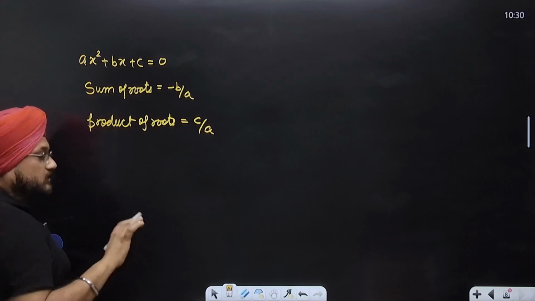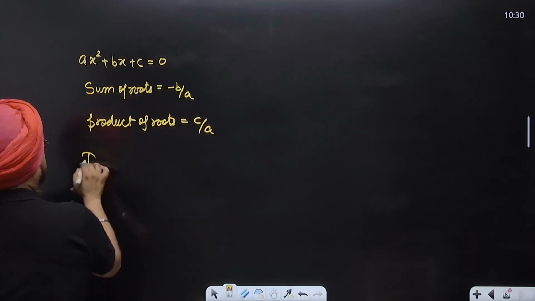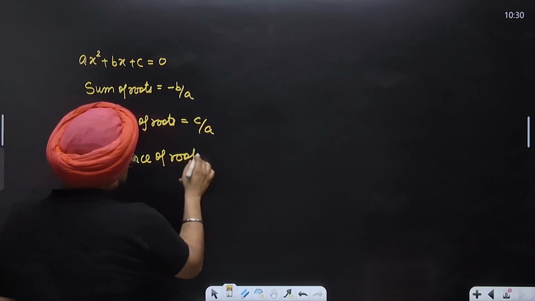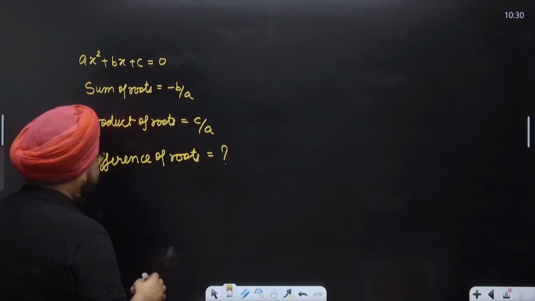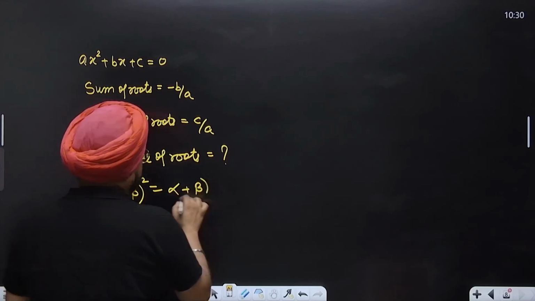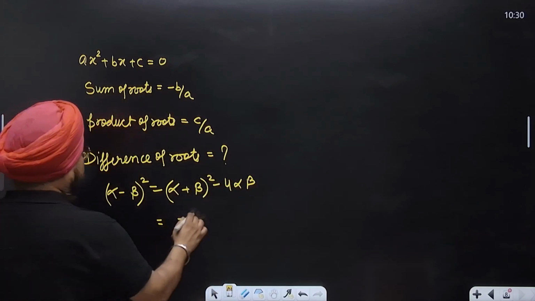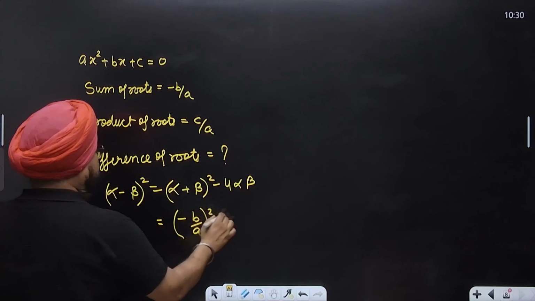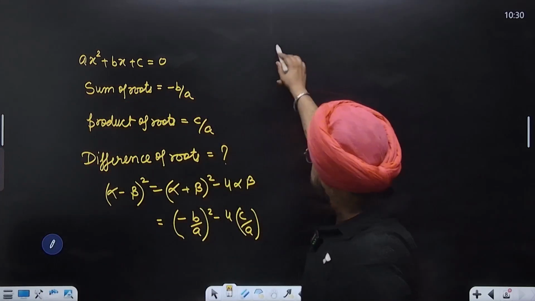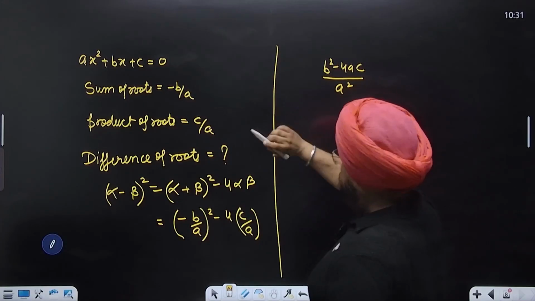And for the future calculations, we can also remember the difference of roots. Difference of roots, we will use the formula alpha minus beta whole square is equal to alpha plus beta whole square minus 4 alpha beta. Sum of roots is minus b by a, product of roots is c by a, so this gives b square minus 4ac upon a square.